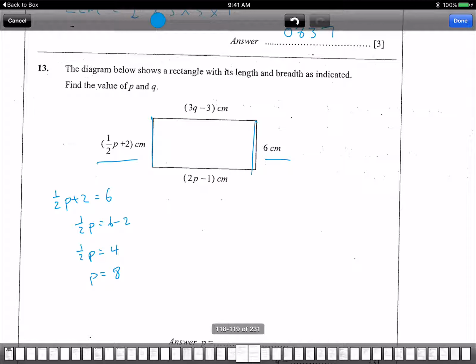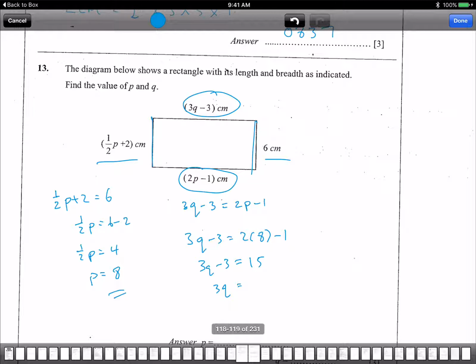Yes, very good. So, now next equation is 3Q take away 3 equals to 2P minus 1. So the lengths have to be the same. And since I found that P equals to 8, 3Q minus 3 equals to 2 times 8 minus 1. It's 6.